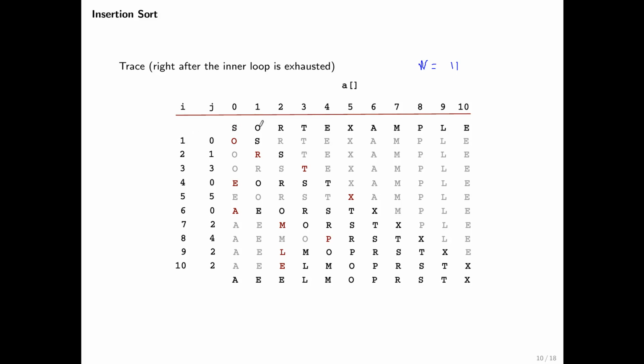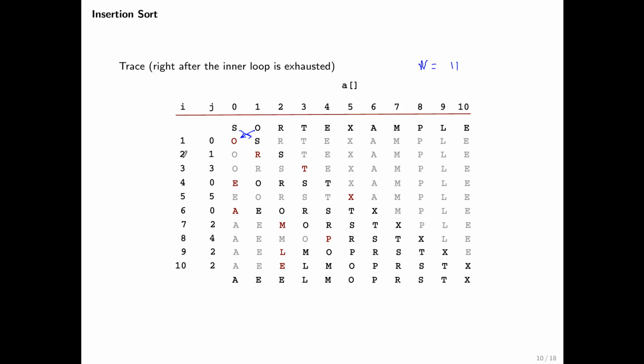So i is 1, j is also 1. We compare the element at j with the element at j minus 1. Well, it is smaller, so this O goes here and this S comes there. And then j becomes 0, but now the inner loop is done, and the value of j is 0. That's basically the final index of the element at j. So you found the right place for this particular element. Let's take the next iteration.